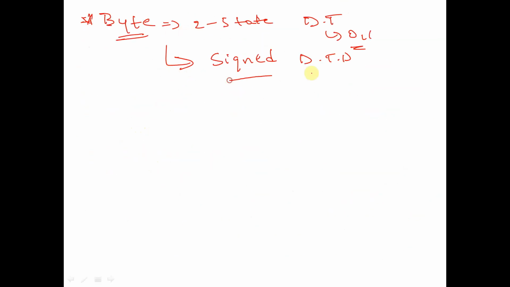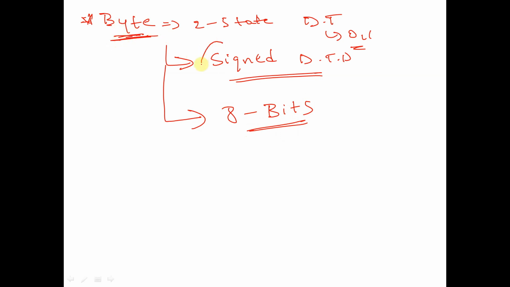So byte is a signed data type, and the size of byte is 8 bits. You know that 8 bits is equal to 1 byte, but this byte data type is a signed data type. Remember this point. This is a very important point. So byte data type is a signed data type, that is, it can store negative values also.